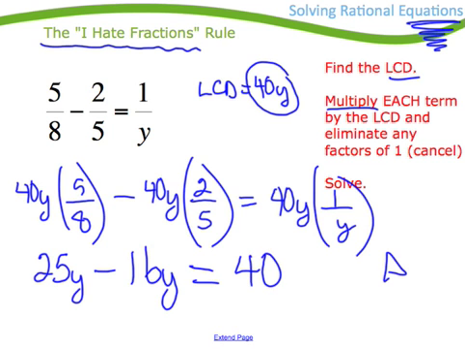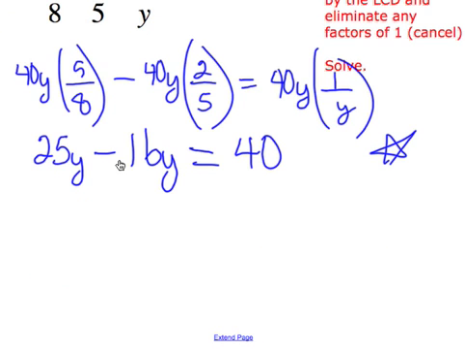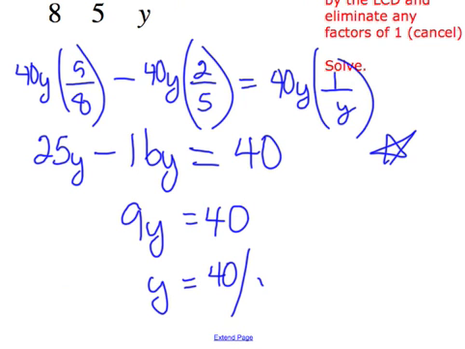Now immediately I've got a nice looking equation, no fractions at all. 25 minus 16 is 9y is equal to 40. Divide both sides by 9, and my solution for y is 40 over 9.